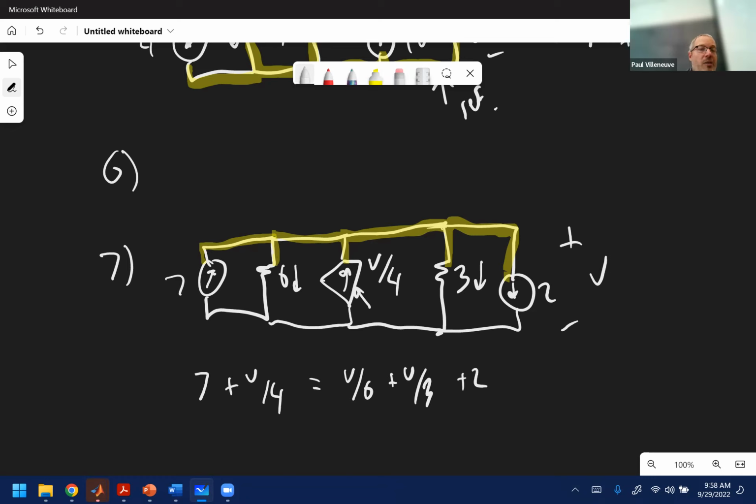You only had to write one equation. You don't actually have to write 2 equations, because the voltage that you need to solve for just falls out of this. So normally, and this is the very rare exception, when you have dependent sources, you have to write at least an additional equation to solve for that dependent term or dependent parameter. You didn't need to do that here.